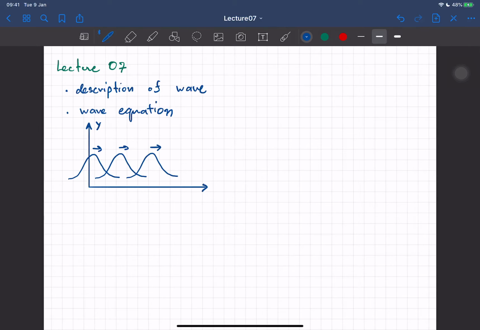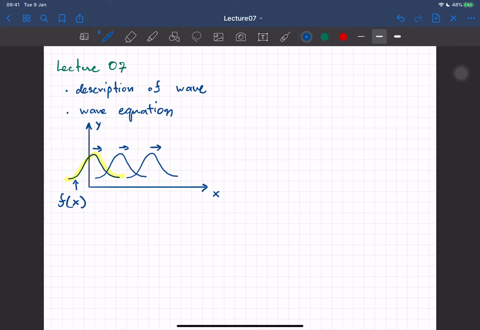Let me call the y-axis y, and the x-axis, let's say, x here. Okay, and one line here is described by a function f of x. So this is f of x. Let me label it by this yellow one here. So f of x describes the function which is in yellow.